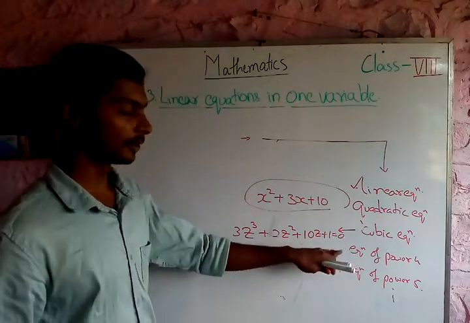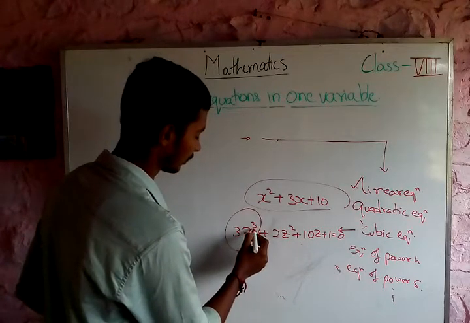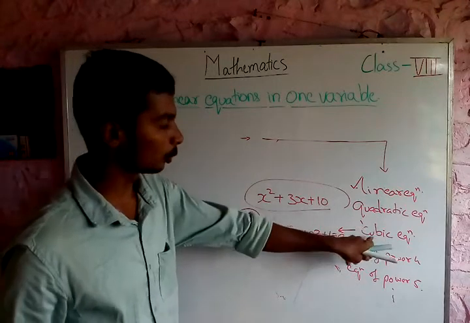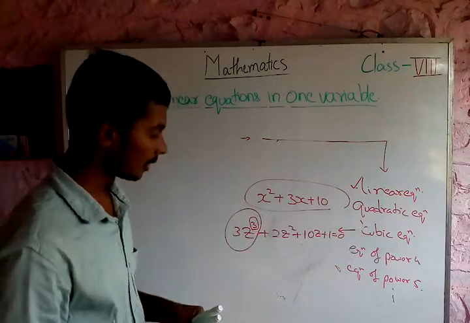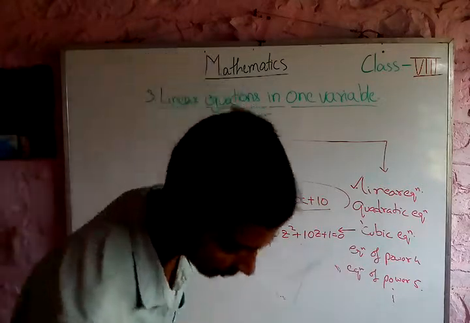Now see here, in this equation the maximum power of the variable is 3. So equations of this kind are called cubic equations. Okay, and if the power is 4, then they are called equations of power 4, and so on.